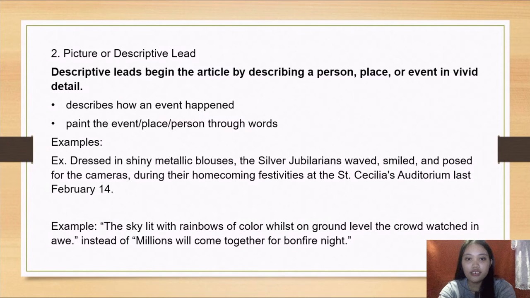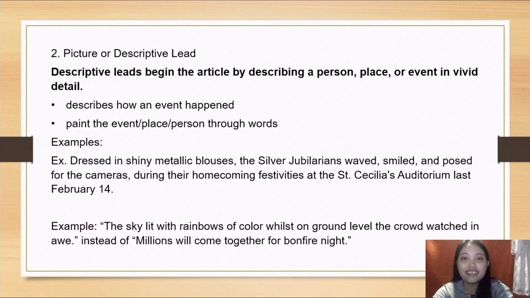Second example is "The sky lit with rainbows of color whilst on the ground level the crowd watched in awe." So instead of "Millions will come together for bonfire night," the writer rather wrote "The sky lit with rainbows of color whilst on the ground level the crowd watched in awe." So what is the difference?